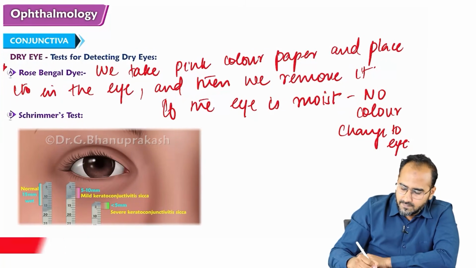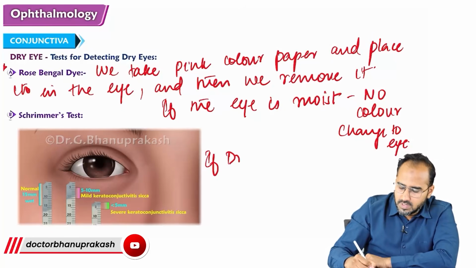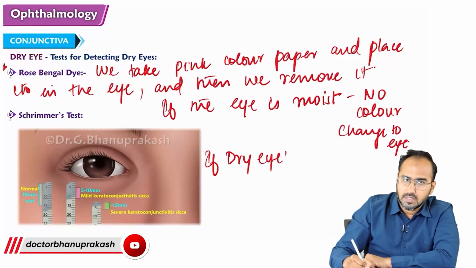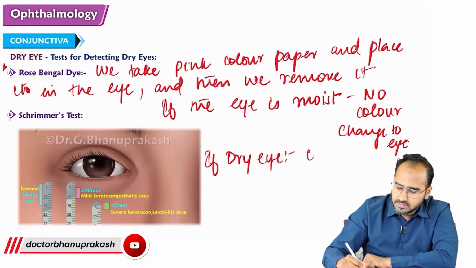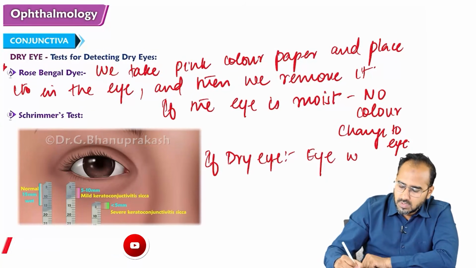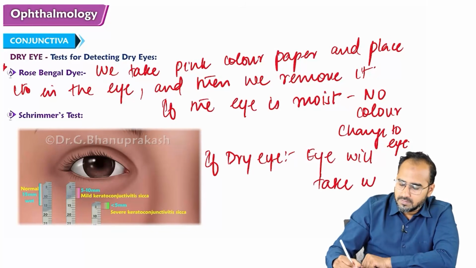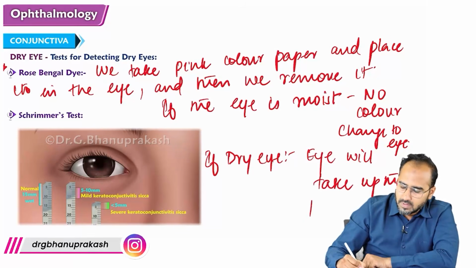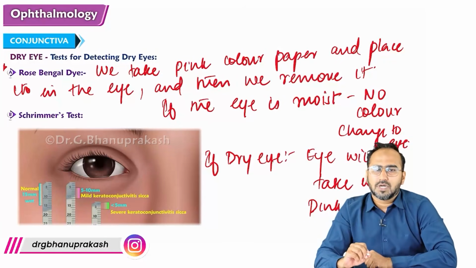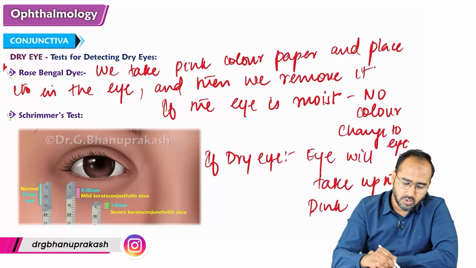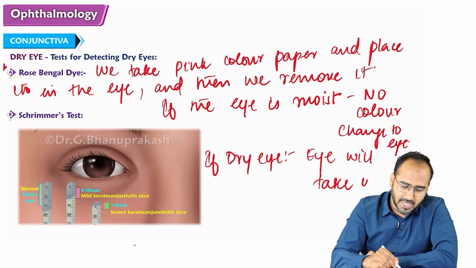But if it is a dry eye, then the eye will take up the pink color. That is called what, guys? That's called what test? Rose Bengal dye test. Second test is what?